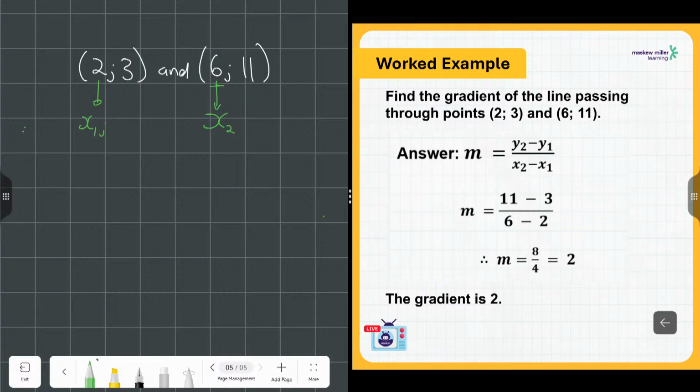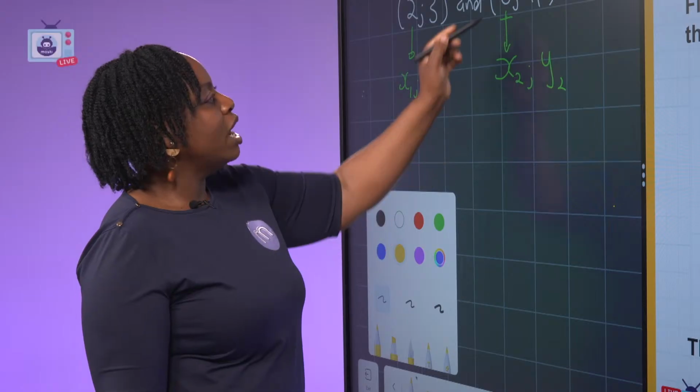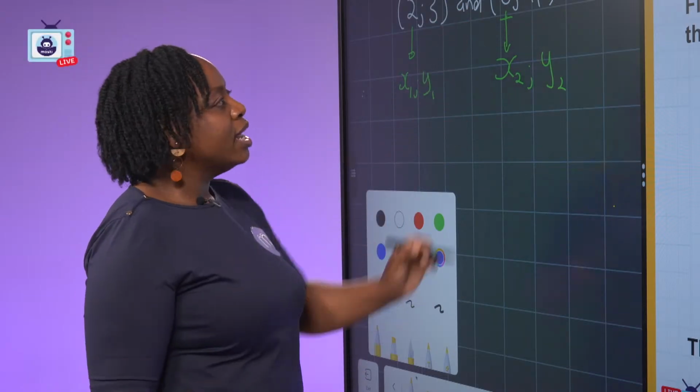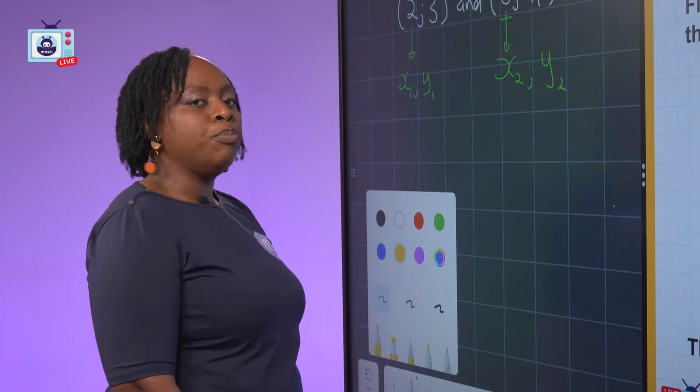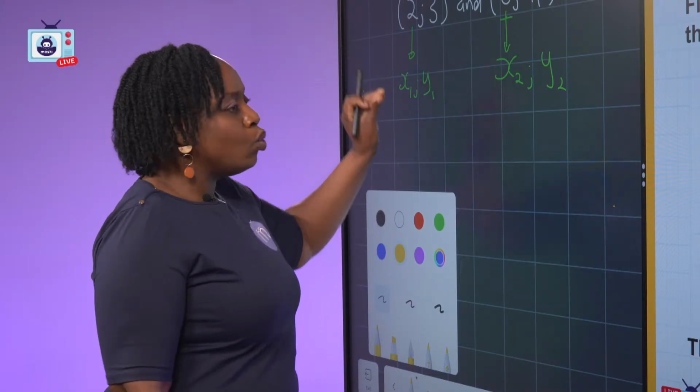And then the y in 3 will be y1, and the 11 will be y2. Alternatively, if you choose 6 as x1, then your 11 will be y1.